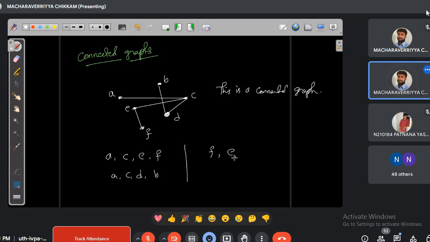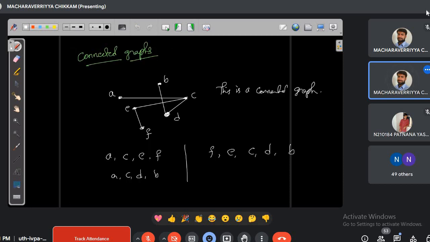That is F, E, C, D, B. So between any pair of vertices there is a path. So therefore it is a connected graph. All right. So a complete graph is always connected. Moreover, we can say that there is a strong connection if it is a complete graph.